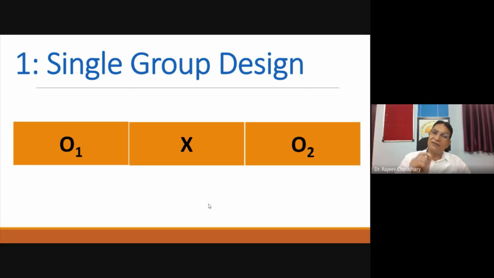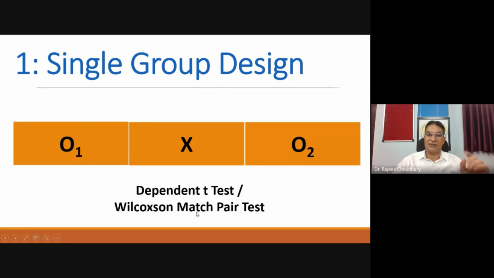We have discussed this yesterday also, but we will compare this with other designs. In this design, if we conduct any study by using single group design, we have to apply dependent t-test. Yesterday we discussed that. But one more statistical technique is in front of you, that is the Wilcoxon matched pair test, or we can say the Wilcoxon test. Either we apply the dependent t-test or the Wilcoxon matched pair test.